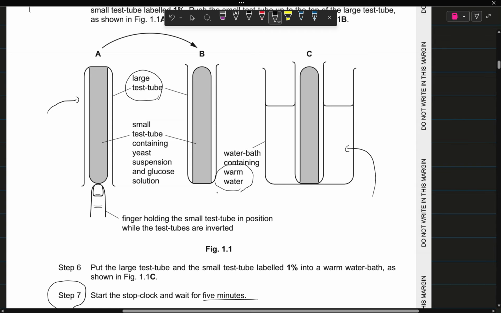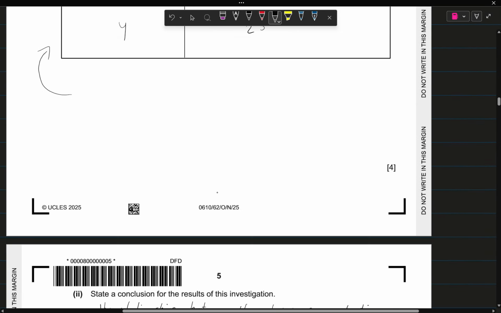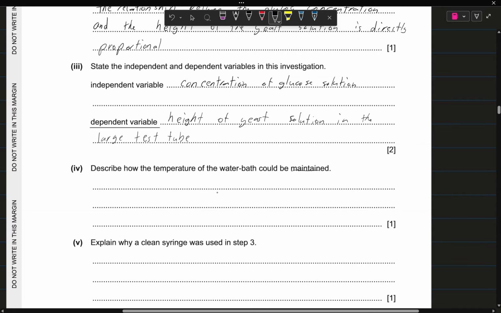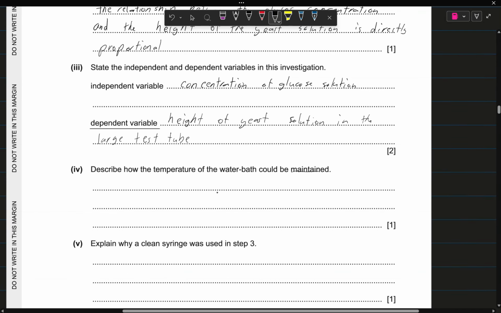So instead, what we're doing here is that we'll put this water bath in a thermostatically controlled water bath, which is basically an electronic device that would, by electricity, turn on a heater to heat the water to a certain degree. And this will always be constant. This is something you have to make sure that you memorize, as it is guaranteed that it will be used to some degree in your actual exam.